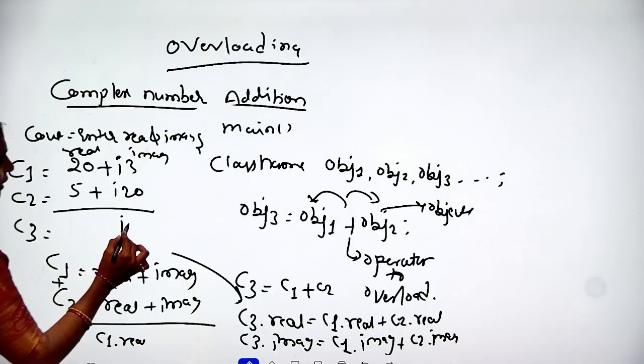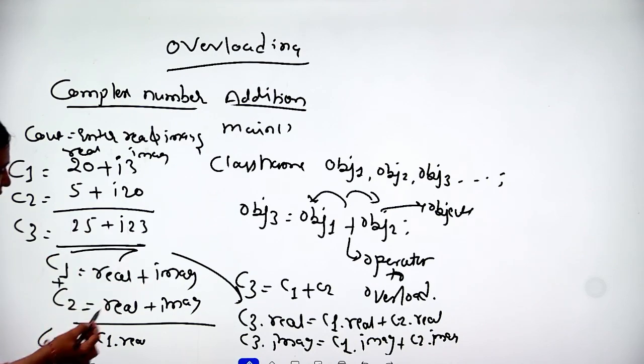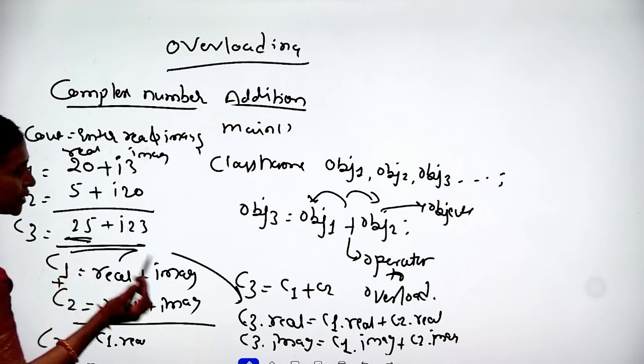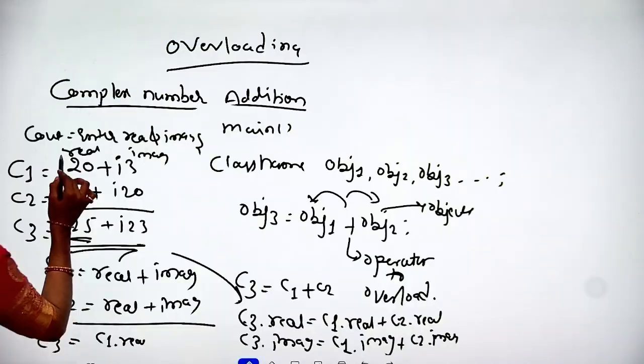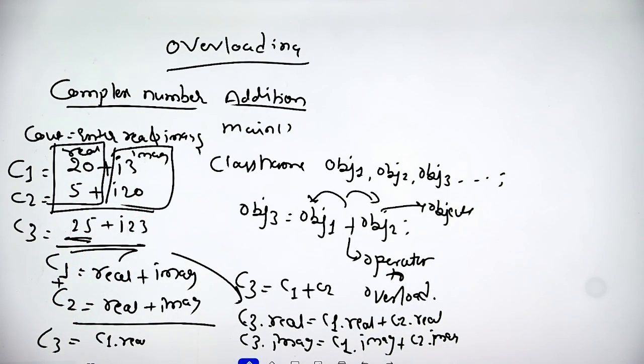Now how is C3 added? C3 is 25 plus i23. How is it added? C3 dot real, the real part of C3, is C1 dot real plus C2 dot real. So the real parts are added.